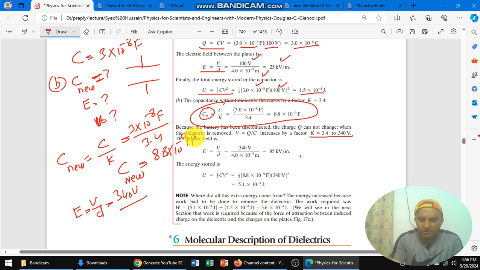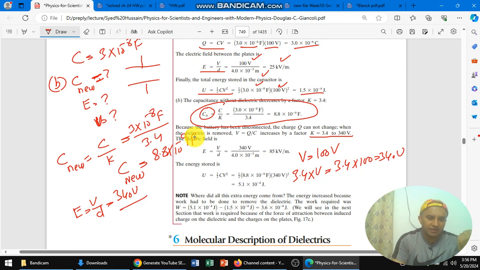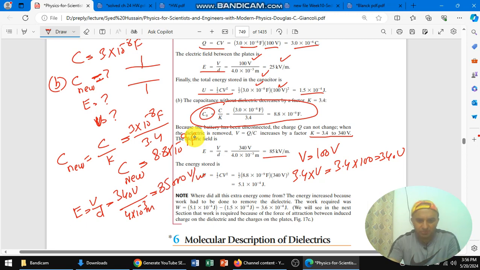The original voltage is 100 volts, so after removal the voltage becomes 3.4 times the original value. 3.4 multiplied by 100 gives us 340 volt. Now the modified voltage is 340 volt, divided by D, the separation, which is the same, 4 into 10 to the power minus 3 meter. So we get 85,000 volt per meter, which can be converted into 85 kilovolt per meter.